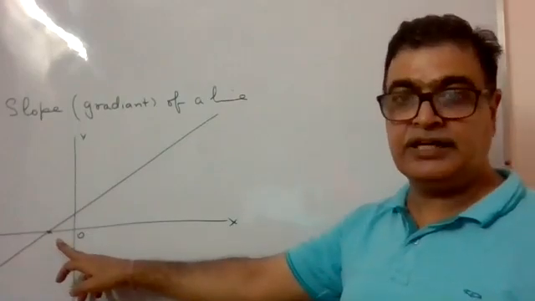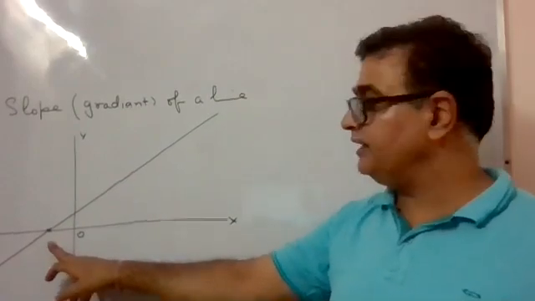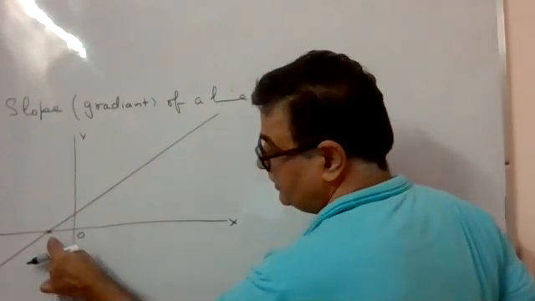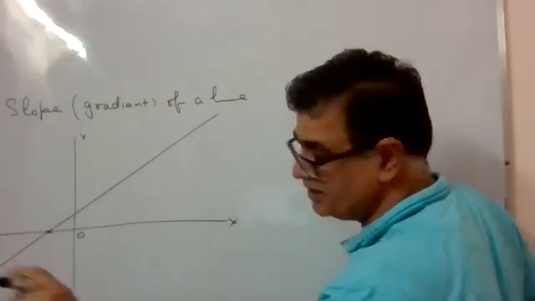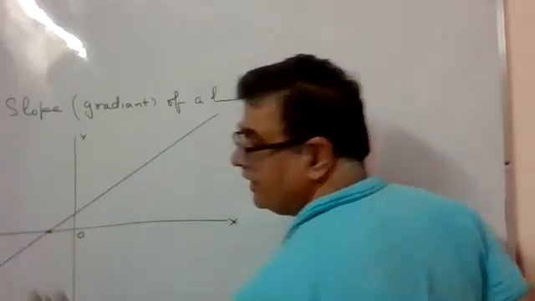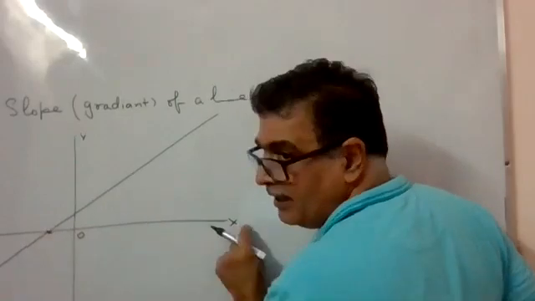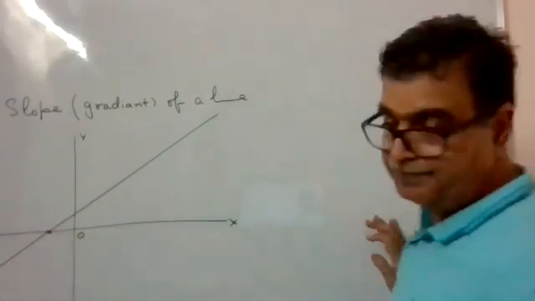Wherever this line cuts the x-axis, from that point, if I take the right side, it will be called positive x. ये वाला part आपका क्या कहलाएगा? Negative x. जहां ये कट कर जाएगी उसका इधर वाला पार्ट कहलाएगा रिलेटिव पॉजिटिव, इधर वाला कहलाएगा रिलेटिव नेगेटिव.